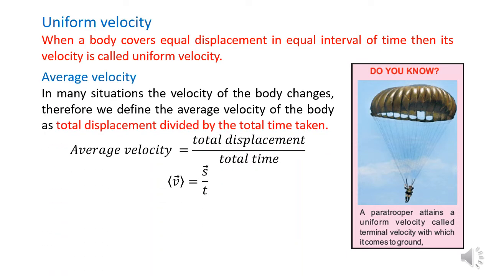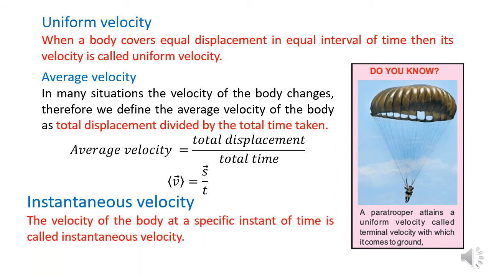Average velocity. Sometimes when the velocity of the body changes, in that situation we define the average velocity of the body, which is the total displacement covered divided by the total time taken. Instantaneous velocity.